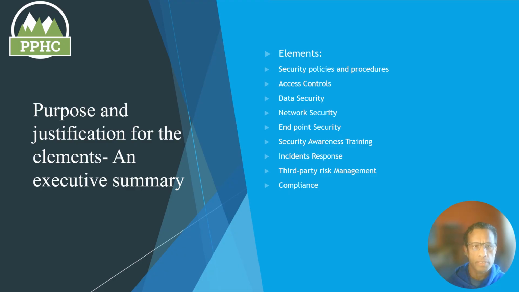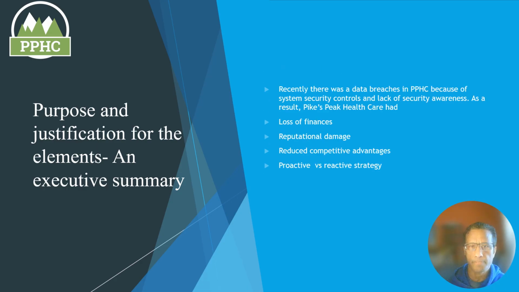So the purpose and justification for the elements in the executive summary: we're going to cover all these elements: security policies and procedures, access controls, data security, network security, endpoint security, security awareness training, incident response, third-party risk management, and compliance.